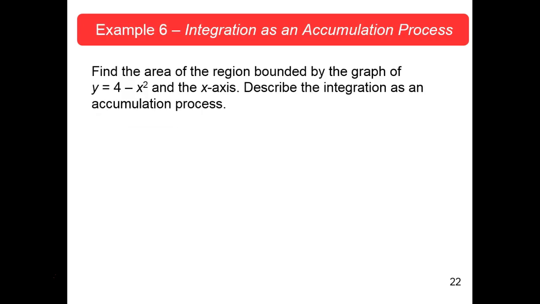Okay, now here's example 6. Find the area of the region bounded by the graph y is equal to 4 minus x squared and the x-axis. Going back to a simple type 1. Describe the integration as an accumulation process.